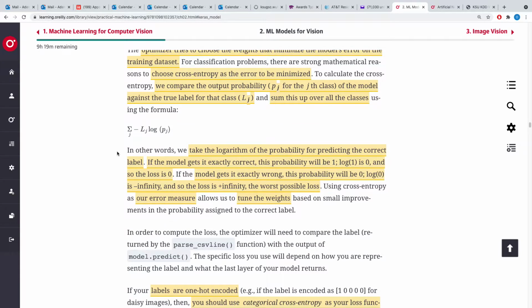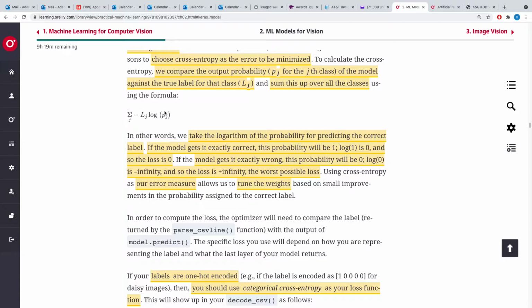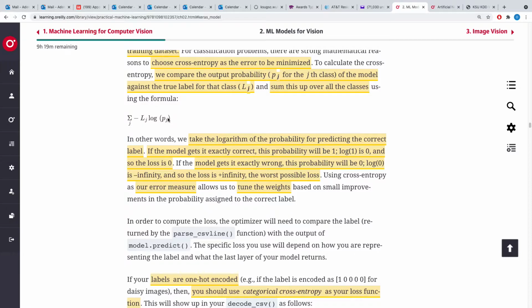Okay, and how does this actually work? To explain what this cross entropy loss is doing: if the probability of predicting the correct label is 1, so let's say the model outputs a probability of 1, then substituting 1 here, log of 1 gives us 0, and multiplying 0 with whatever you have here is going to give us 0.